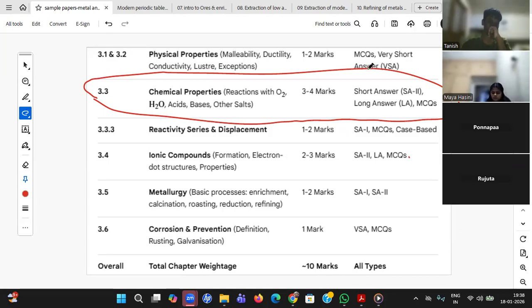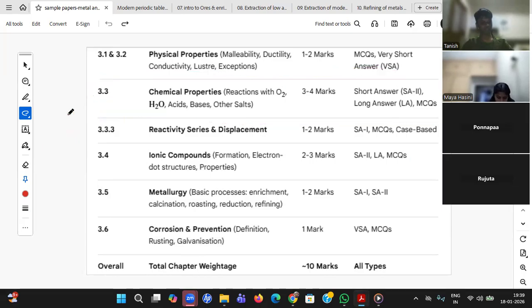It is with aluminum and magnesium that there is the concept known as passivation. Sir, in the textbook, they just gave it like that: even if the zinc layer is gone, the article is still protected. Then why galvanize it with zinc? I don't think so. I'll check if at all it is given in NCERT. So aluminum and magnesium have the passivation concept.